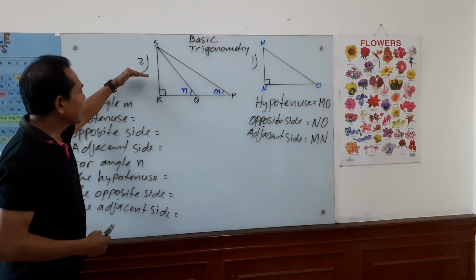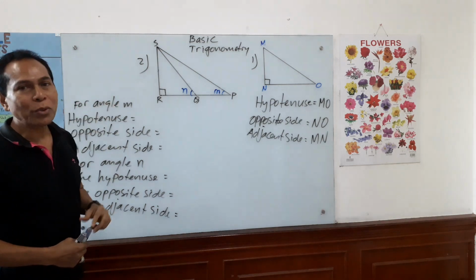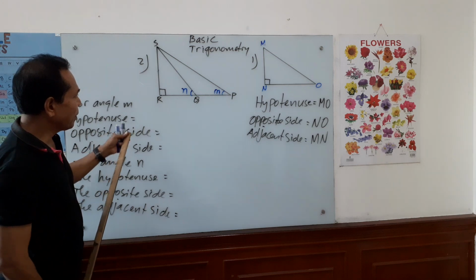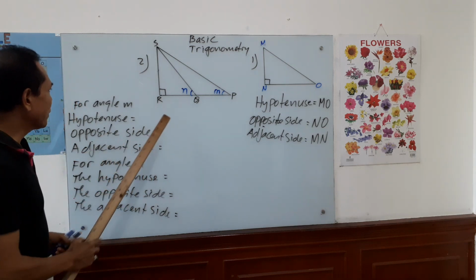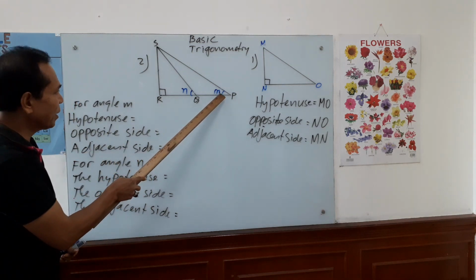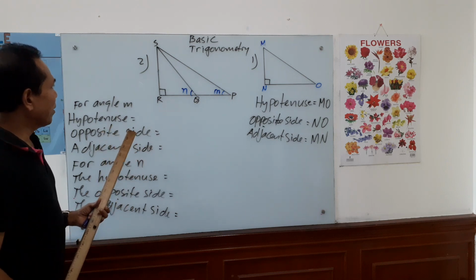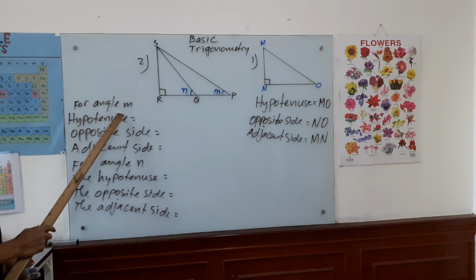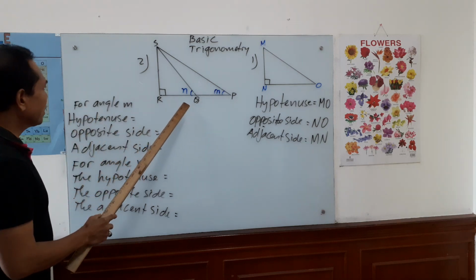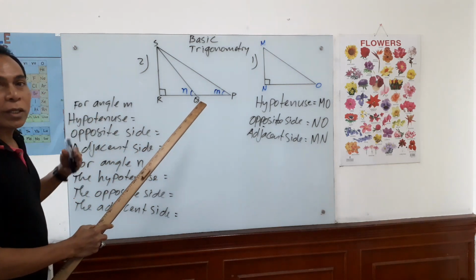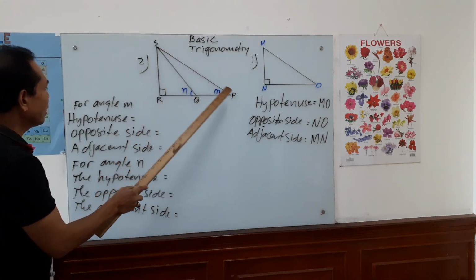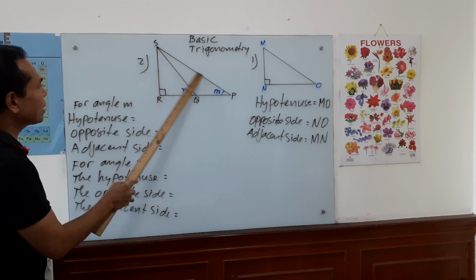Now, we move to this number two. This figure consists of two triangles in here, okay? We have angle M here. We talk about this angle M first. So for angle M, the hypotenuse or the sloping side is PS, from P to S is the sloping side.